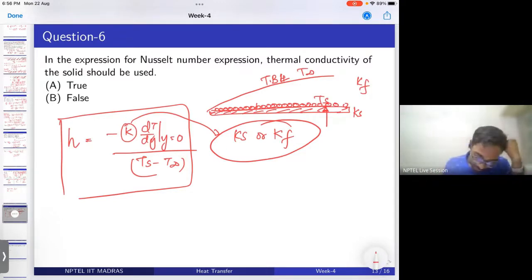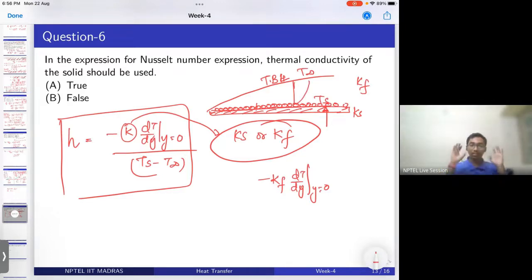So it is minus k fluid dT divided by dy at y equal to 0. This temperature profile is the temperature profile of the boundary layer, and you should be careful about which section the temperature profile is given for. So minus kf dT by dy at y equal to 0 is h times Ts minus T infinity. From this expression we find the h value.